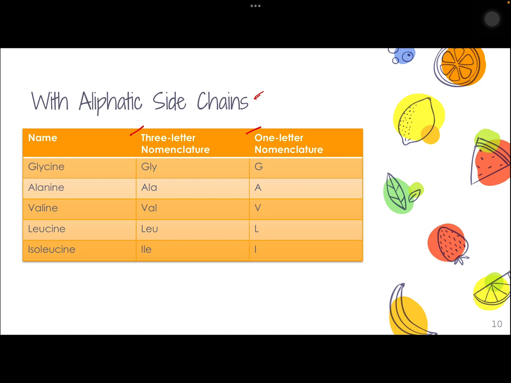So glycine: its three-letter nomenclature is GLY, one-letter nomenclature is G. You will not have any problem here because it's G, A, V, L, and I.